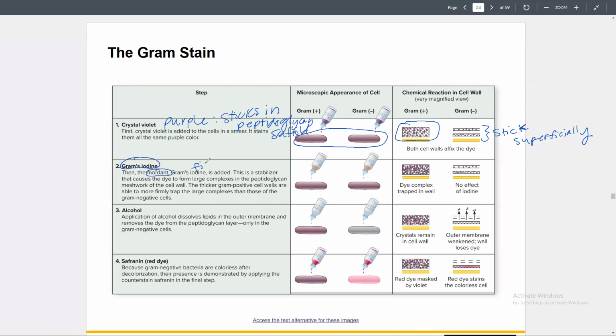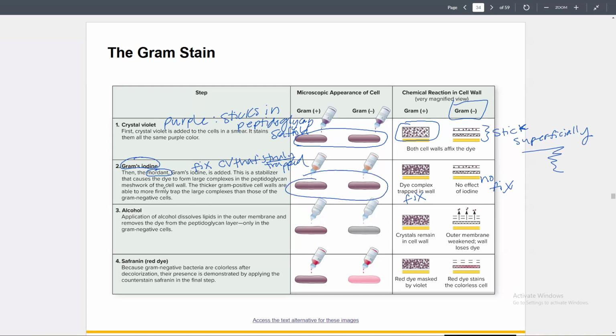It's going to fix crystal violet that's been truly trapped. Now, these guys are only superficially trapped, so there's no fixing on our gram negatives. All right, so we do fix it in the gram positive. You can't tell the difference yet in the color though. Okay, so still everybody's purple.